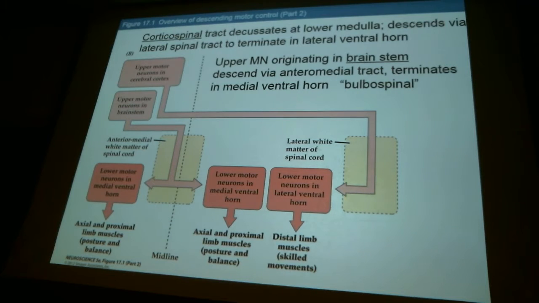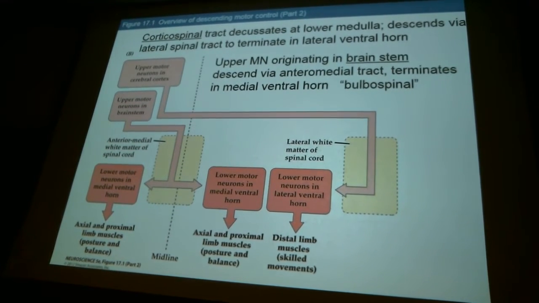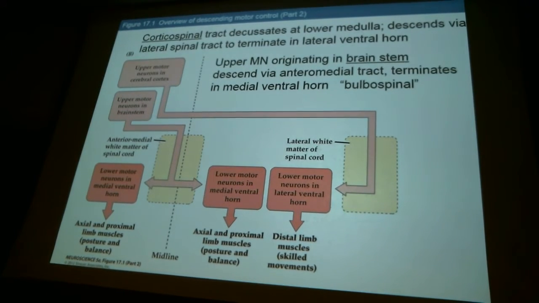So here we have the dorsal part, the dorsal horn, and here we have the ventral horn. And we're further subdividing the ventral horn into a medial part, remember, medial is toward the midline, and a lateral part, lateral toward the outside. Okay. So why does that matter?